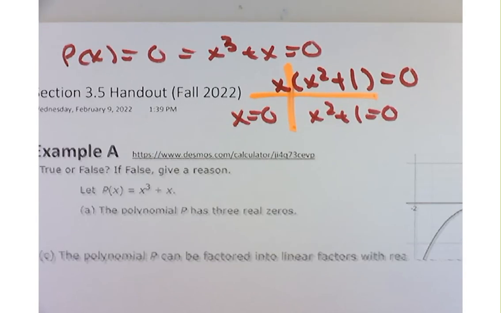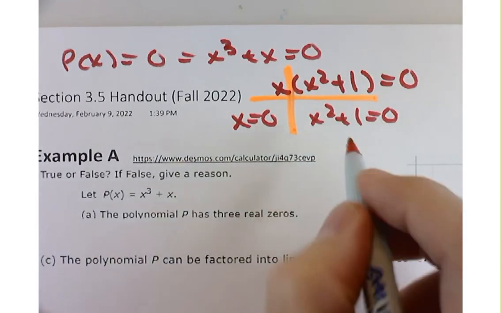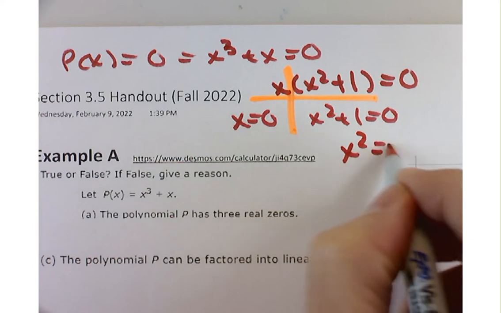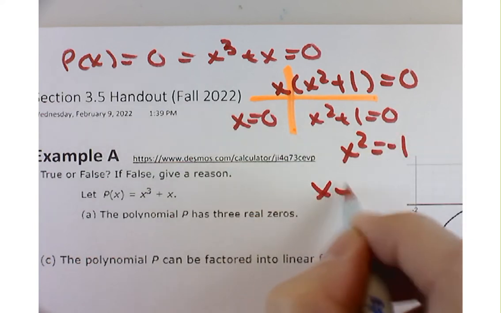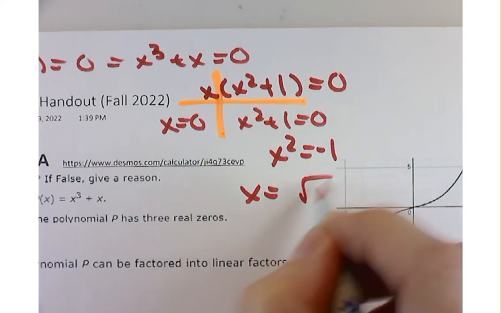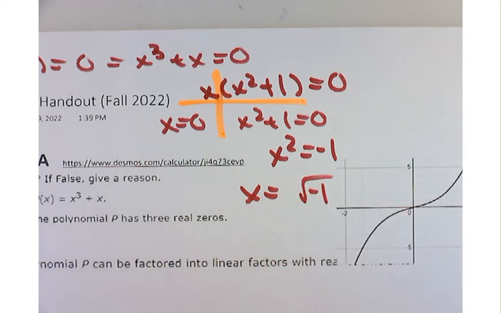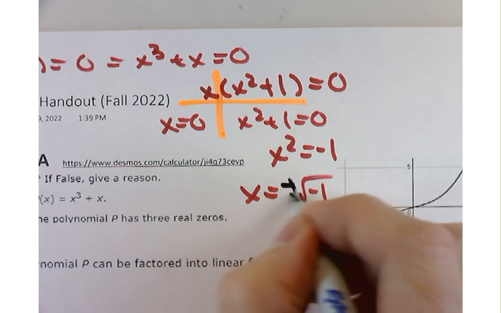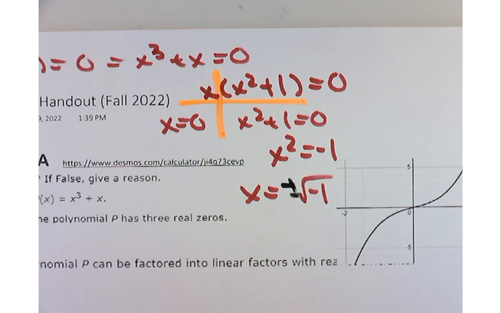Now let's see if we can solve where x squared plus 1 equals 0. That's going to mean x squared equals negative 1. Take the square root on both sides. What did I forget there? Yeah, I need that plus or minus. So I need plus or minus the square root of negative 1.